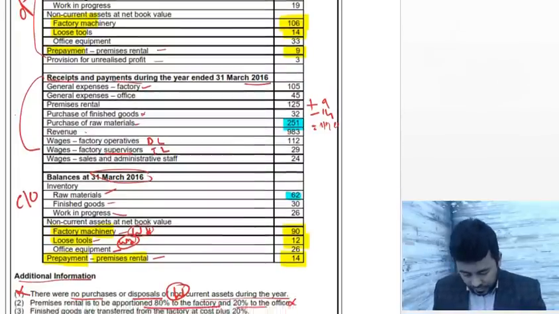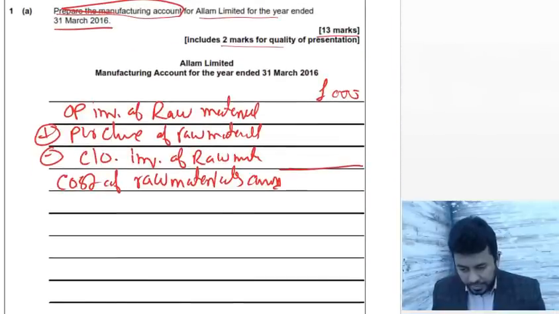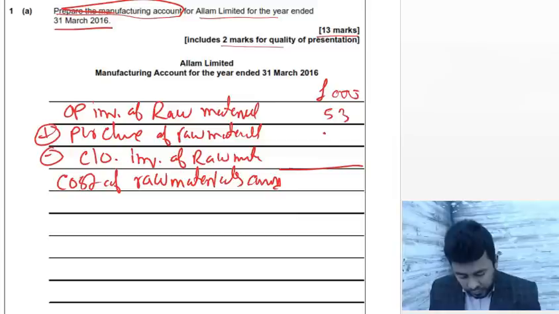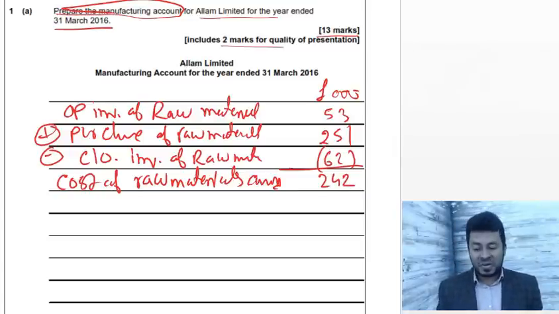So let's put those into our answer. 53, 251 and 62. Add, less, you're supposed to get 242. All this you're doing for only 1 mark.